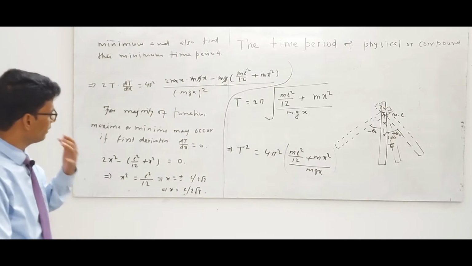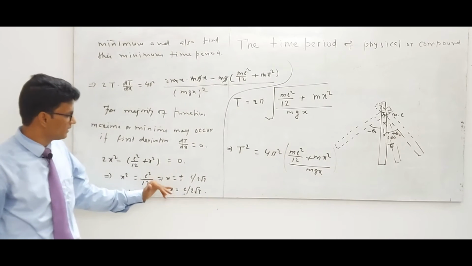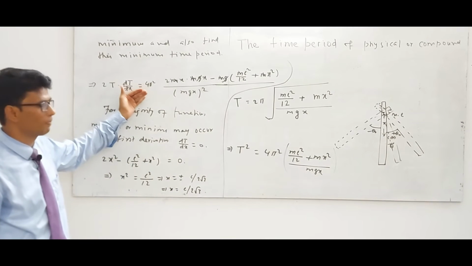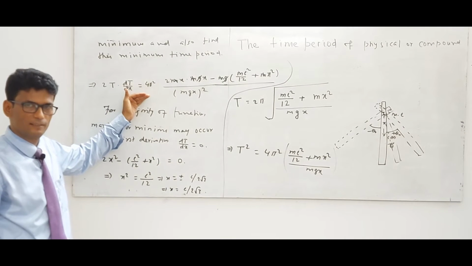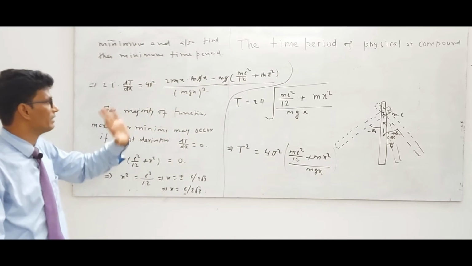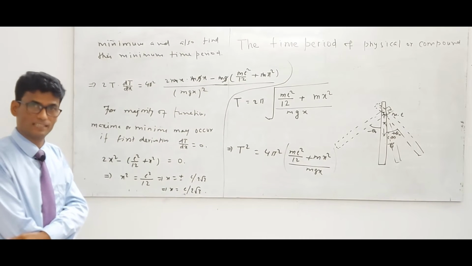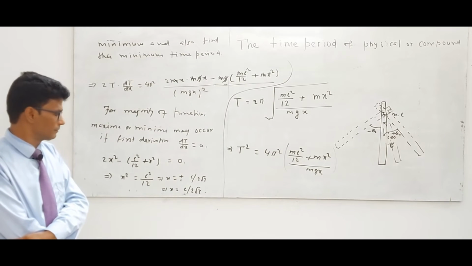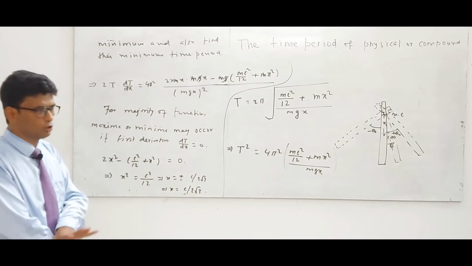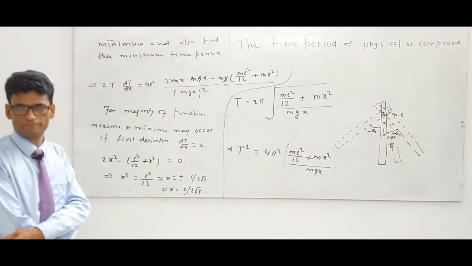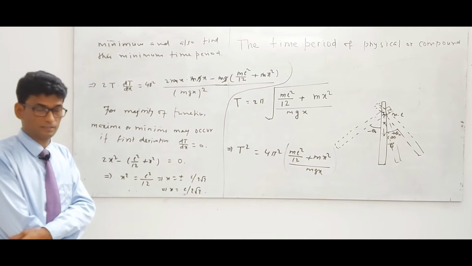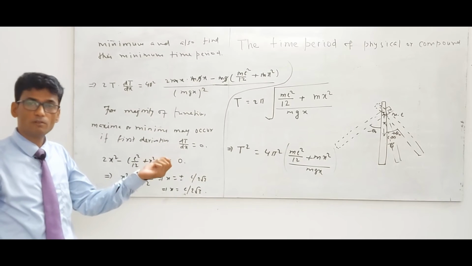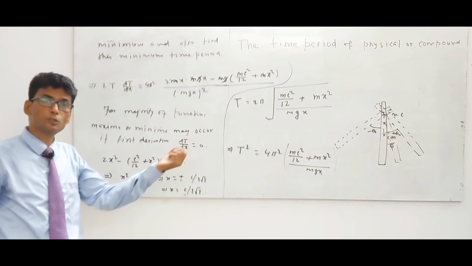But one thing I want to mention here: for this value the time period will be minimum, how can one say? Because we have to apply the second derivative test. But we may skip the second derivative test in the majority of physical situations, because the oscillation is very small, meaning the angular amplitude is very small.